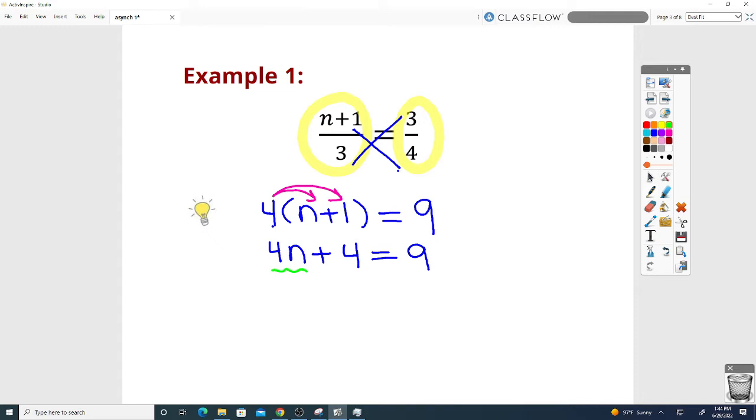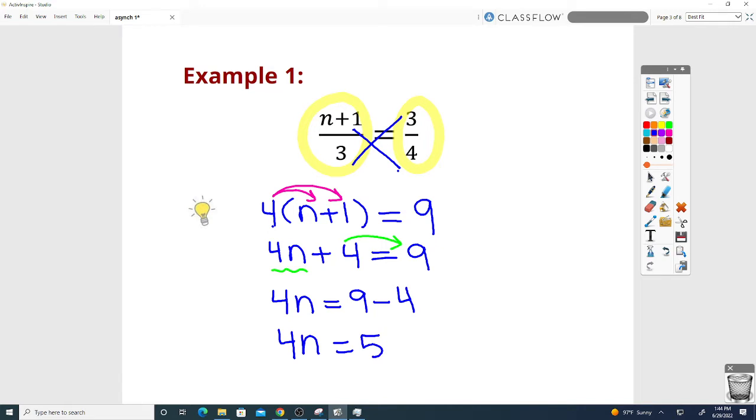So I'll bring the numbers together on the right hand side and leave the n on the left hand side. The 4 goes to the other side using the inverse, the opposite sign, which is -4. So we have 4n equals 9 minus 4, so 4n is equal to 5.